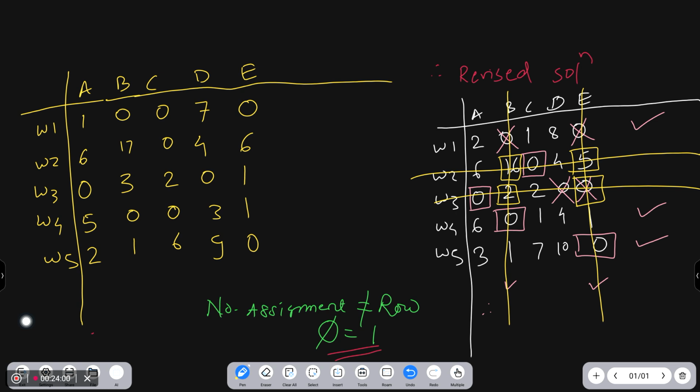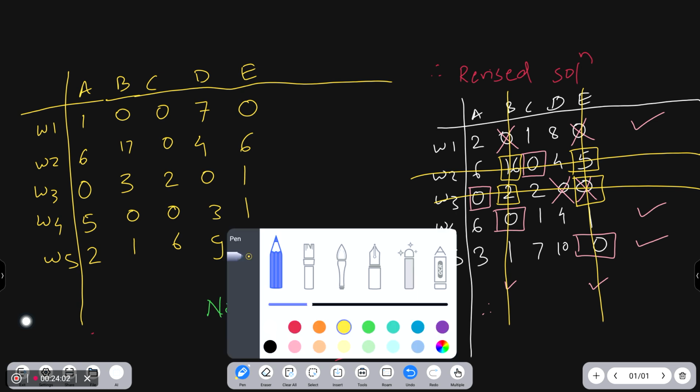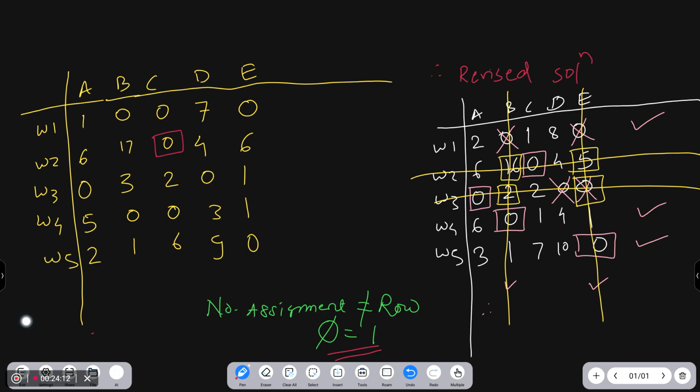Now, make an assignment here. Assignment must be first row wise. 3 rows are there. We can't, right? In second, there is only 1 zero. So we can make it an assignable cell. At the same time, I have to cross the corresponding rows and corresponding columns' zeros.